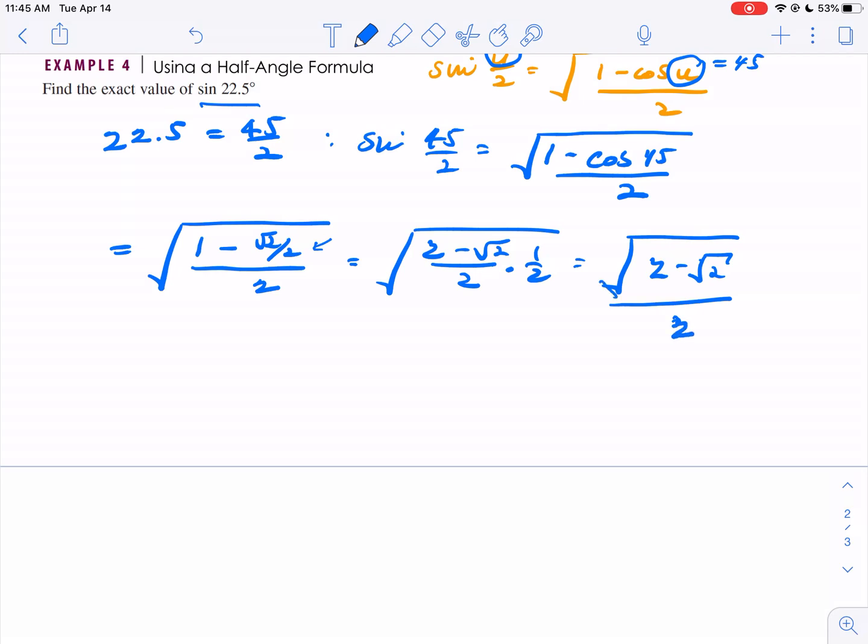I make sure my radical is above the fraction sign. And you can't really go any further than that. So here is my final answer, and I hope that helps. Good luck on the practice.